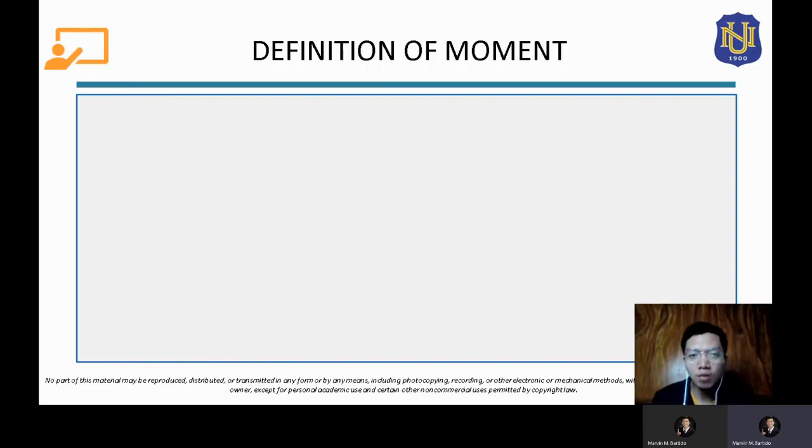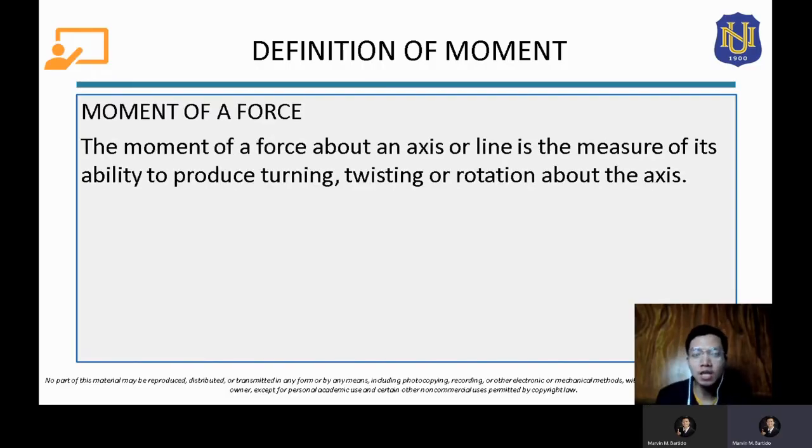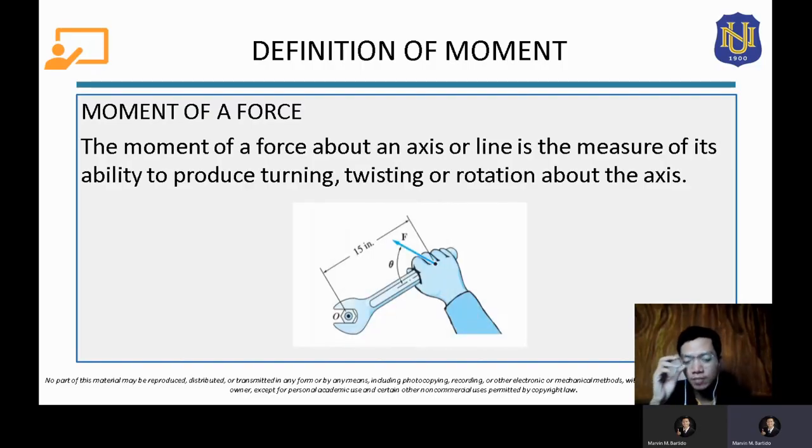The moment of a force, by definition, about an axis or line, is the measure of its ability to produce turning, twisting, or rotation about the axis. Let's say we have here a knot, and we need to loosen up this knot. Of course we're going to use a tool, which is called a wrench.